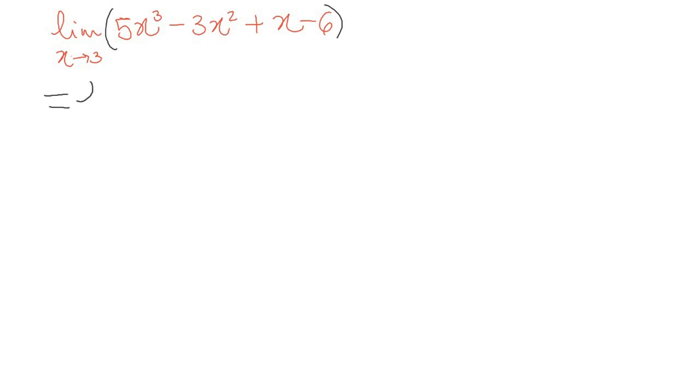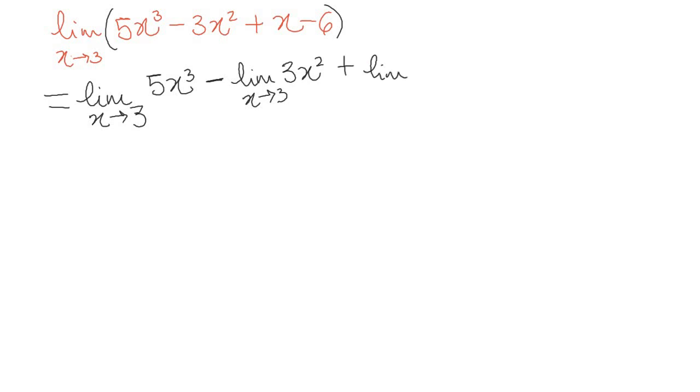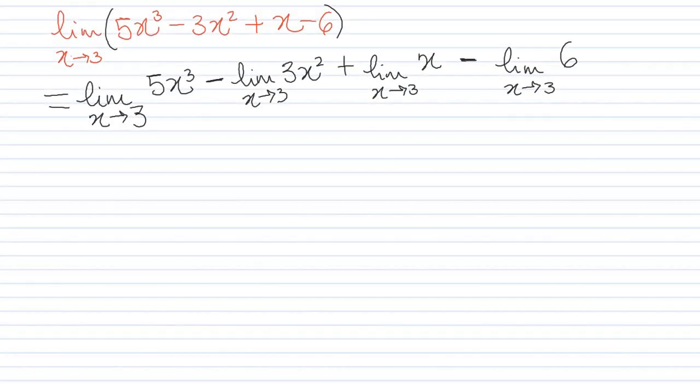So you're going to have the limit as x goes to 3 of 5x cubed, minus the limit as x goes to 3 of 3x squared, plus the limit as x goes to 3 of x, minus the limit as x goes to 3 of 6. This is literally what has to be done first.